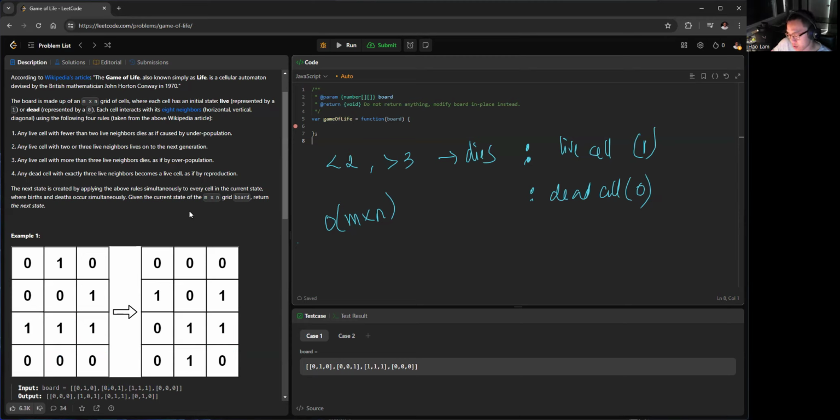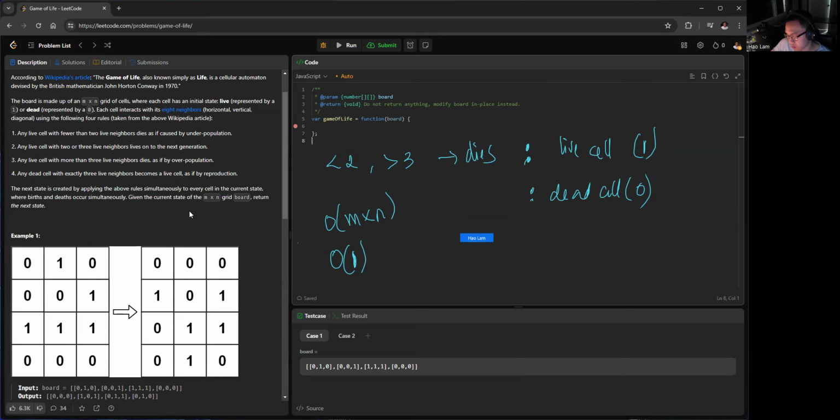So we can do this in O(1) space by using a little trick. We just have to remember the previous state of the cell. A live neighbor can be any number that is greater than 0. 1 is greater than 0, but 2 is also greater than 0. So we can use any positive number other than 1 here.